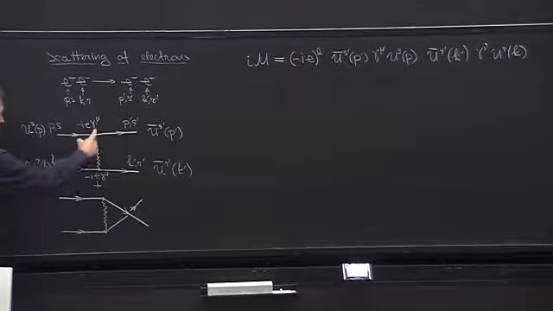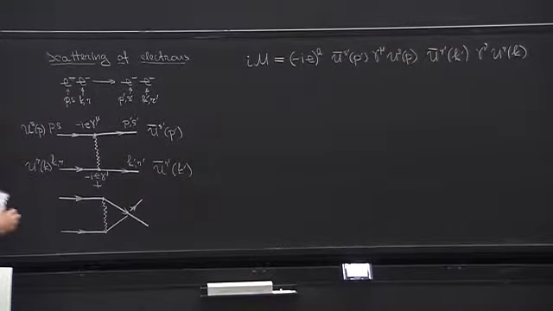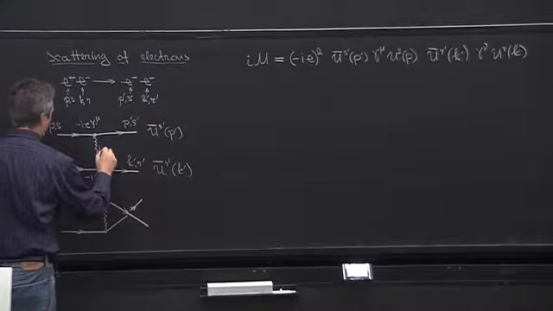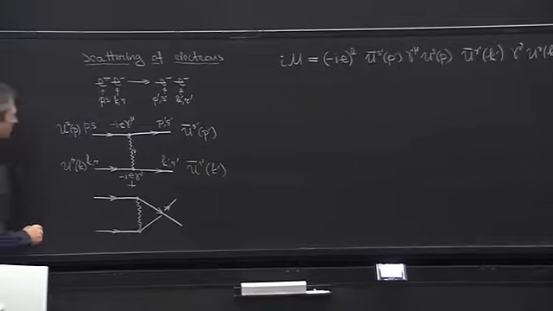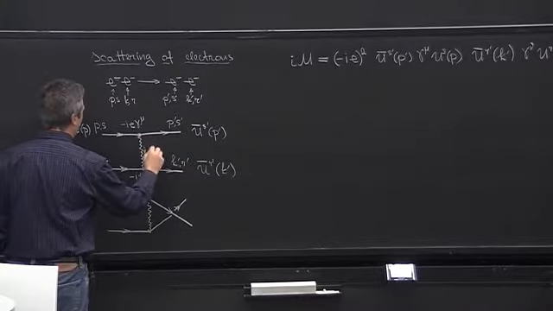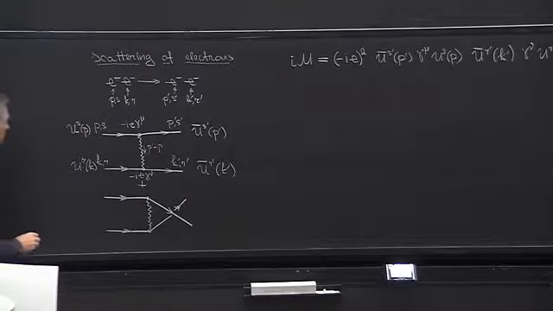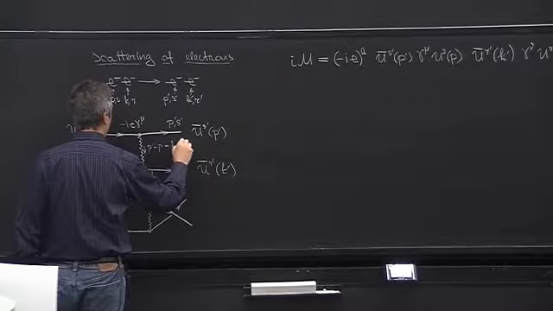And finally, there is a propagator for the photon, which will depend on the momentum. And what is the momentum flowing along this line? Well, by momentum conservation, this is equal to P prime minus P, which is the same as K minus K prime.